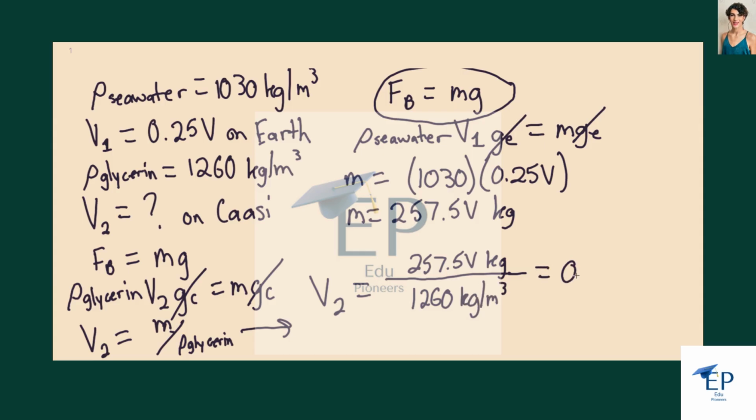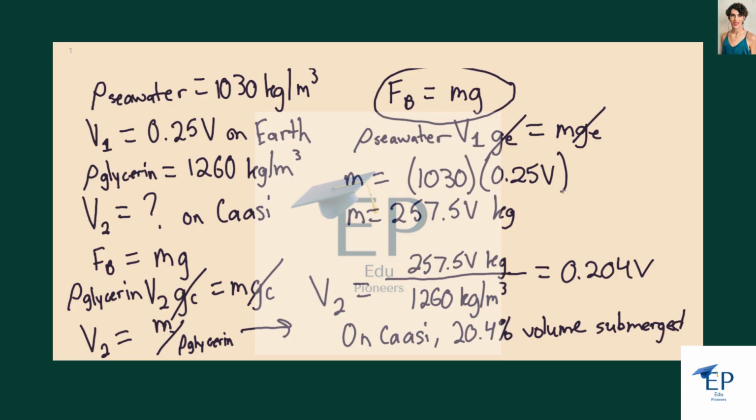We find that this is going to be equal to 0.204 V, which means that on Caasi, 20.4% volume submerged.